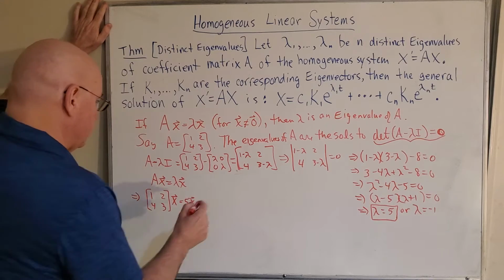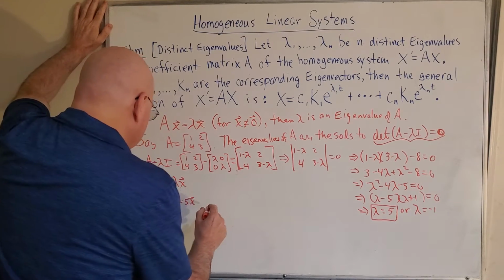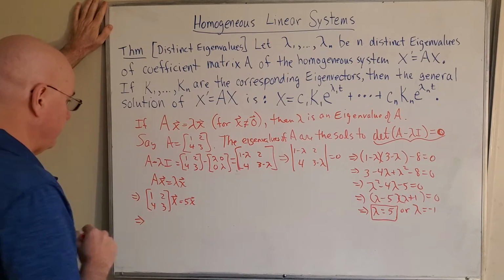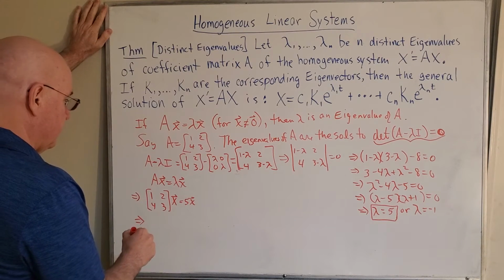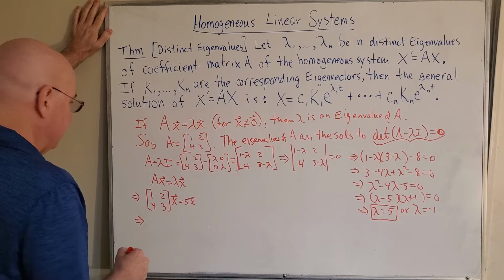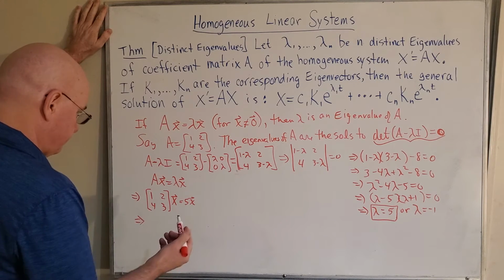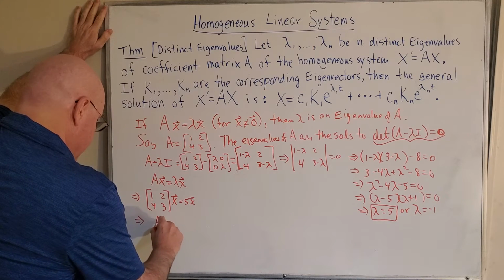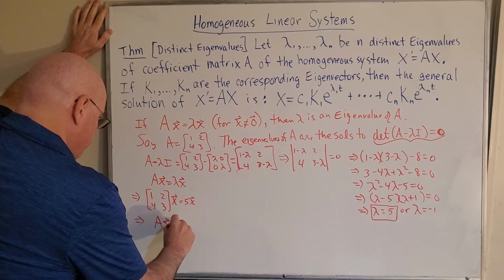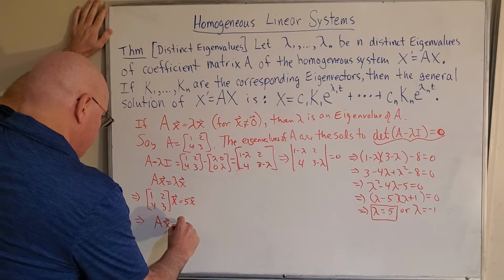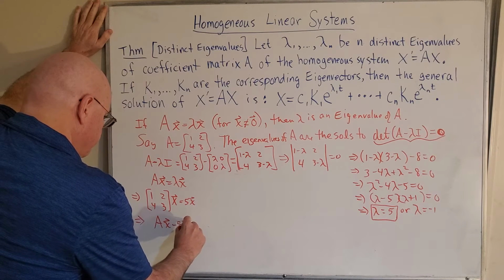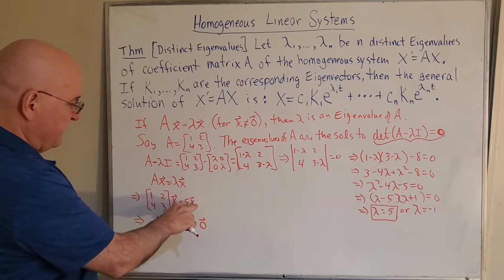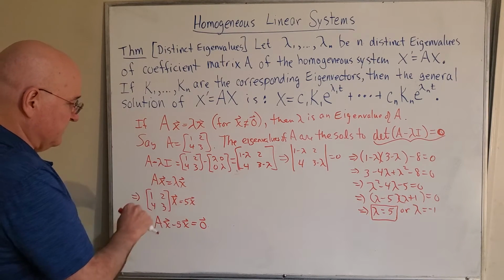Okay, let's go this direction. I'm going to put everything on the left-hand side. And actually, I think I'm going to go back to writing this A. Okay, so I subtracted 5x from both sides.